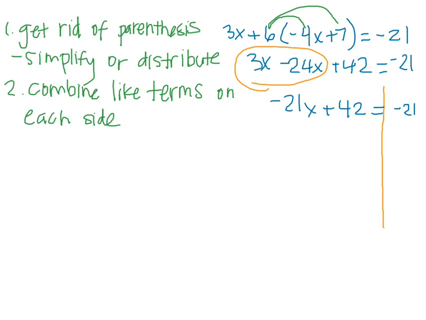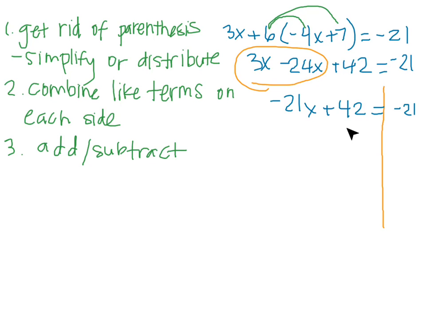So let's go to step 3. Step 3 is going to be to add or subtract. So if you look closely at this equation that we have over here, you'll notice that it's a 2-step equation, like we've been doing.